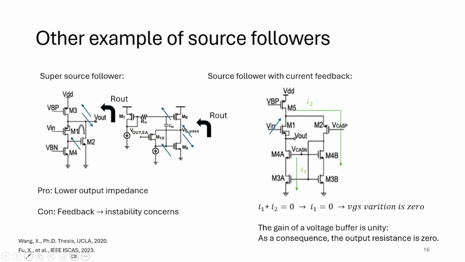Also, in a paper in 2023, from a team that I know, they use another auxiliary path from here and make it class AB.